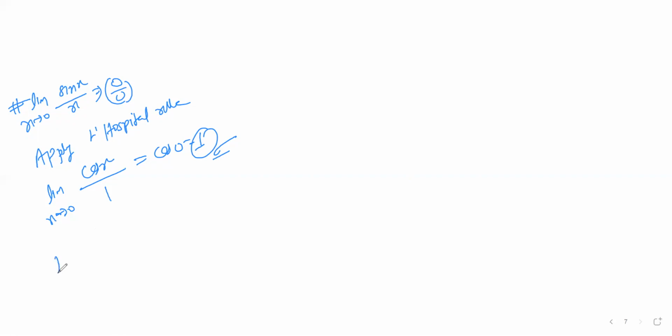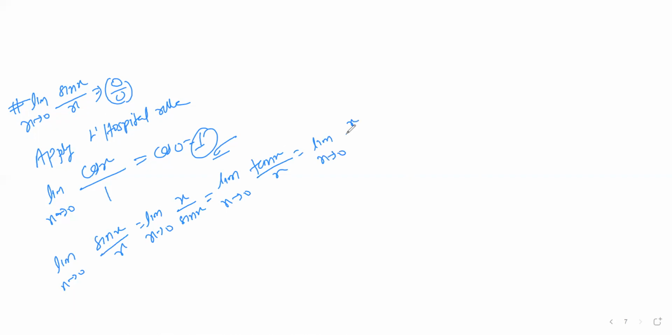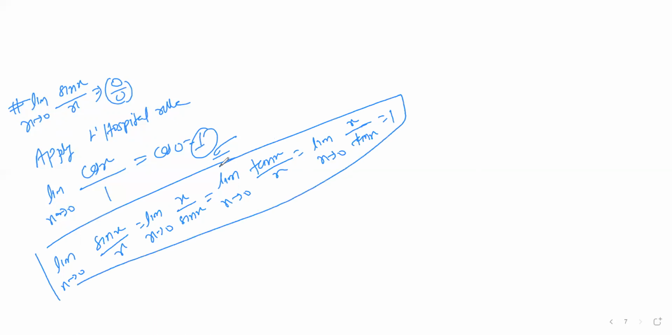So remember that if it is given limit x tends to 0 sin x by x, or limit x tends to 0 x by sin x, or limit x tends to 0 tan x by x, or limit x tends to 0 x by tan x, all the values will be equal to 1.